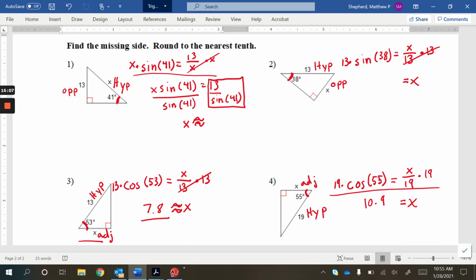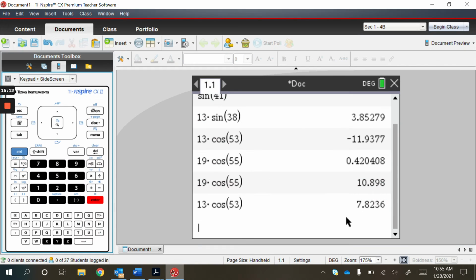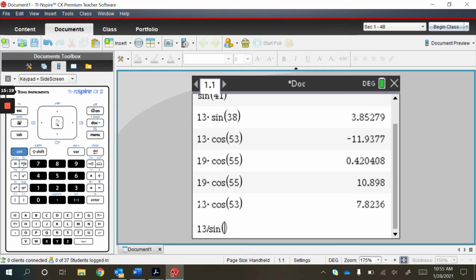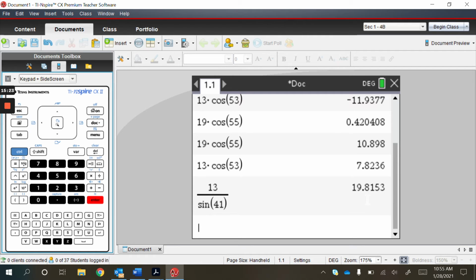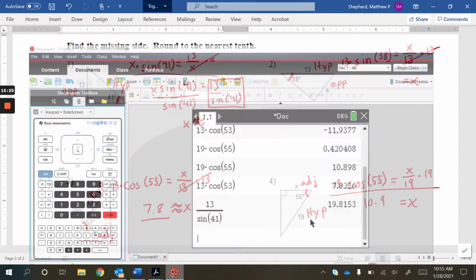All right. So let's see, this 13 over sine of 41. So 13 divided by sine 41 should give us 19.8.